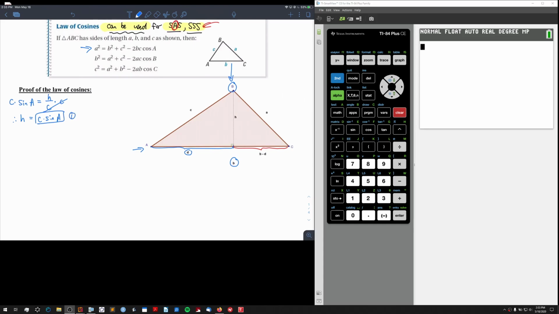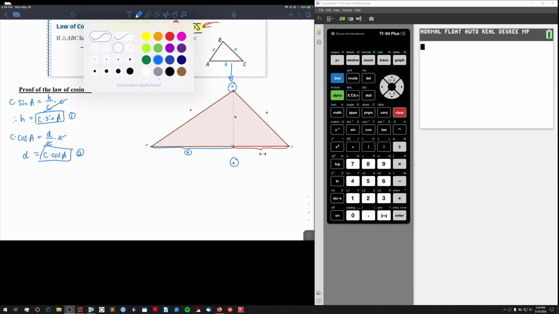Okay, and then we do the same thing, but now instead of sine of angle A, let's still look at the perspective of angle A, but let's take the cosine of that angle. So if I say, what is the cosine of A, you get D over C. And then let's solve that for D. Same process we did for H. If I multiply C on both sides here, this cancels, so D is equal to C times cosine A. Okay, and I'm going to call that equation 2.